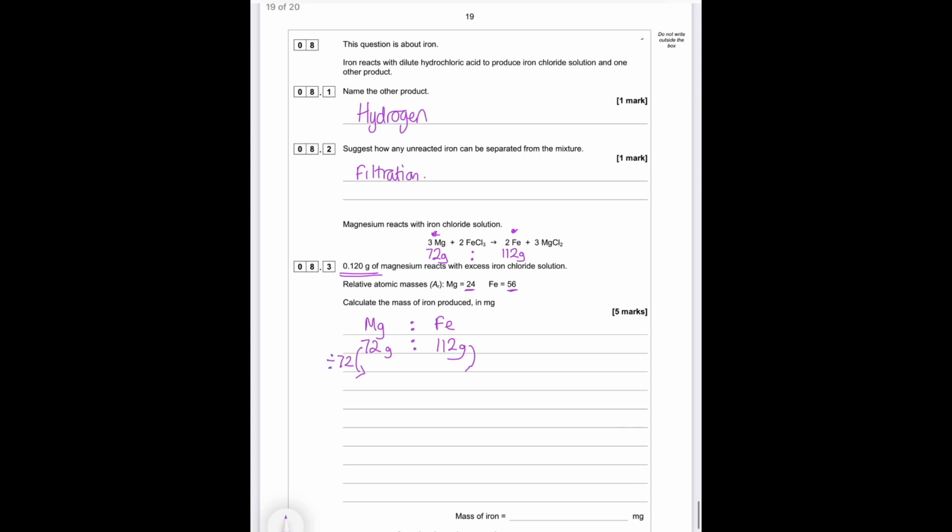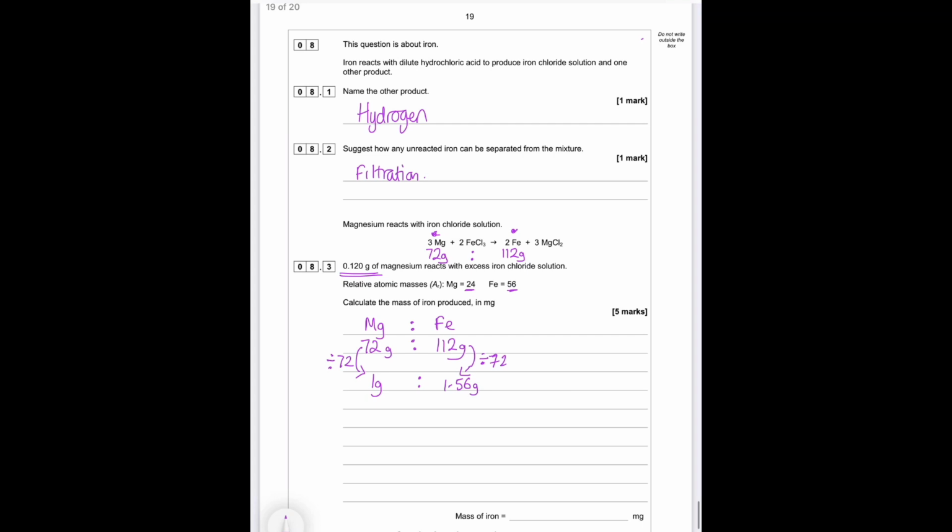So it's a ratio, whatever you do to one side, you have to do the same to the other. And if we did that, I would have that 1 gram of magnesium would produce 1.56 grams of iron.